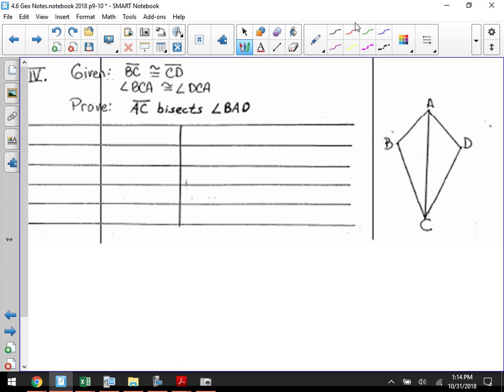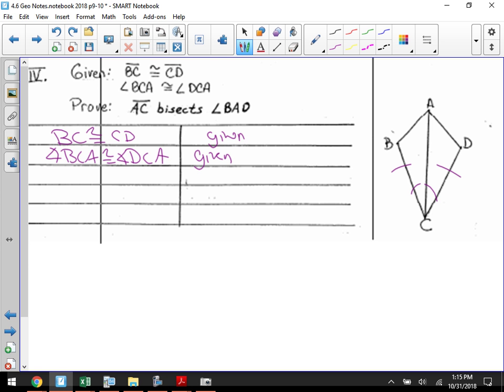All right, ladies and gentlemen, as we start this one through, givens. Mark it. Next one. Sorry, I'll break down the givens. Mark angle BCA, DCA. Follow the letters. What's left?